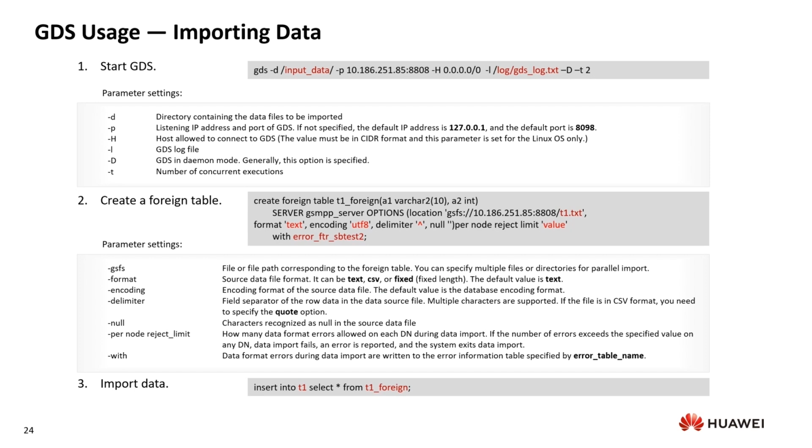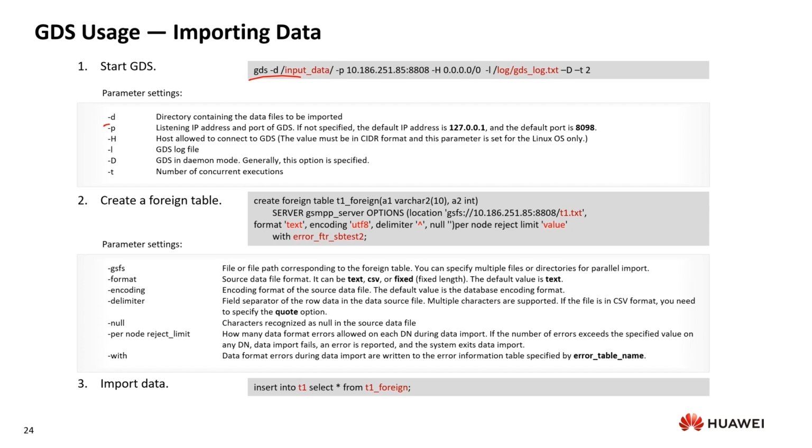Here is how we can use the Gauss data service. After Gauss data service is installed on a data server, we can run the Gauss data service command to start the GDS. The -d indicates the directory containing the data files to be imported, and the -p indicates the listening IP address and the port of Gauss data service.